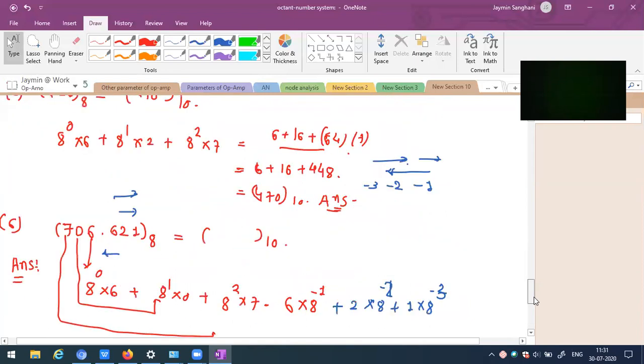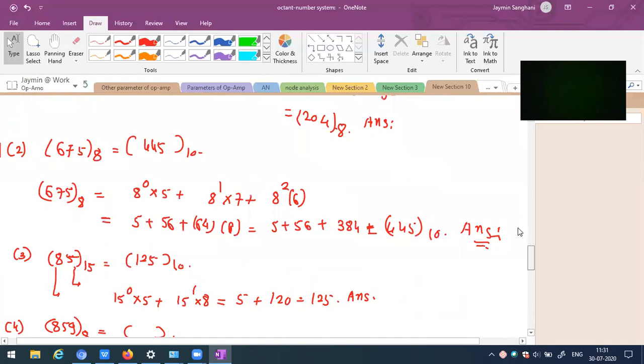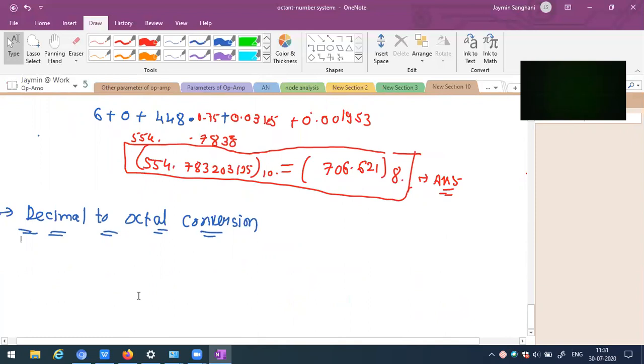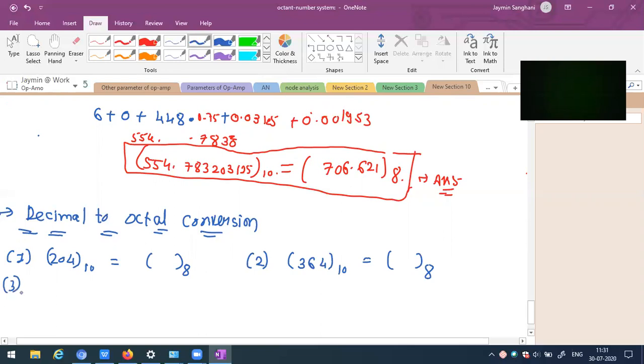Here it can be multiplied with each other. So now we will discuss how the given number is converted. See this first example. We will solve the 4 to 5 example. How is it possible to convert decimal to octal? Decimal માંથી octal number માં જવા માટે શું કરવું?